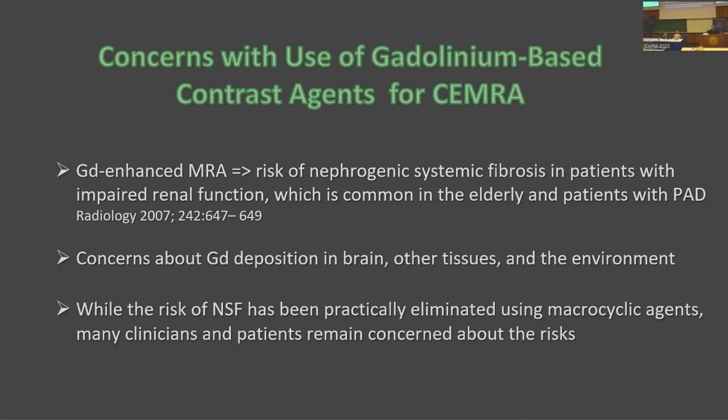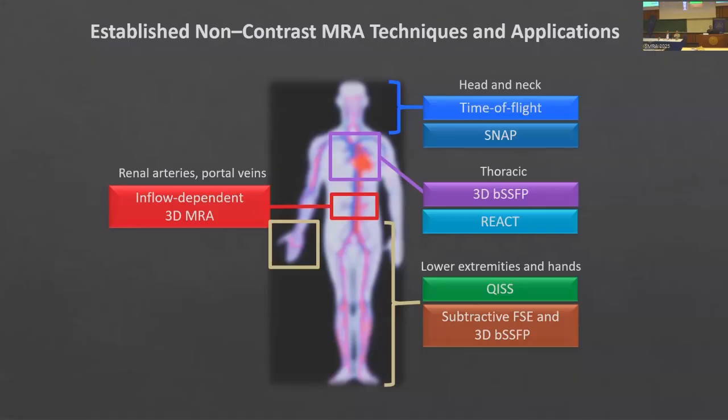And, you know, those risks have been greatly reduced with the use of macrocyclic agents, but I find practically in dealing with my clinicians, many of them still are concerned about the risks, even if it's not scientifically based. And so we often still get requests for non-contrast angiography. So even though you think you wouldn't necessarily need it, we still do in a practical sense.